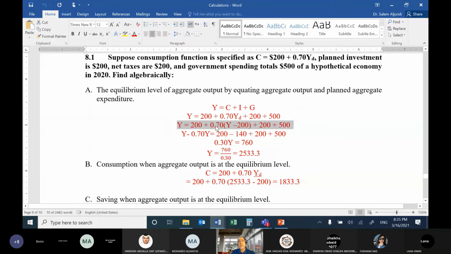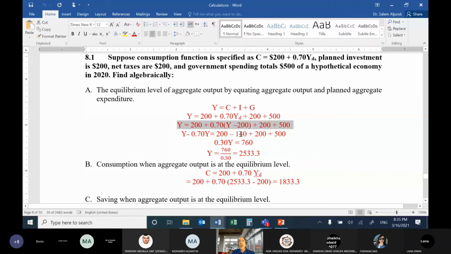So please here, 0.7Y, 0.7 times Y, shifted to the other side, will be minus 0.7Y. So what is left? 200. 0.7 times minus 200 will be minus 140. This is 200, this is 500.